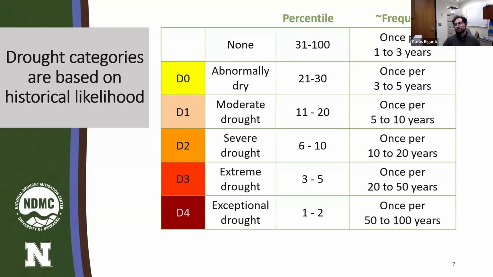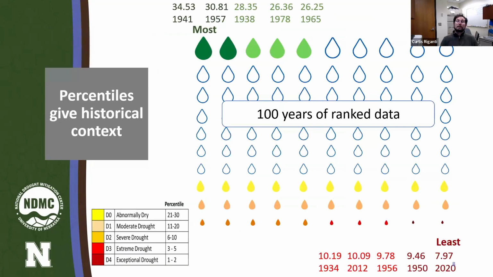So we're taking a bunch of different types of data and looking at the percentiles of those. The different categories that you see on the map represent effectively the percentile of drought conditions that a particular area has settled on. We'll get into how we calculate that shortly here.